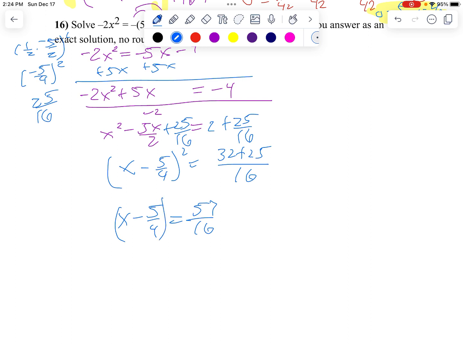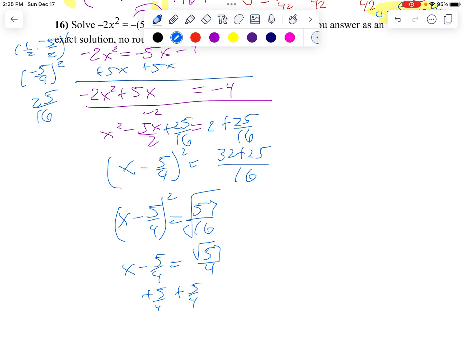Now we're going to take the square root of both sides. So x minus 5 over 4. Now, unlike the last one, I can't take the square root of 57, can I? Okay, so it's just the square root of 57 over 4. So finally, to add this, we'll add 5 over 4 to both sides.